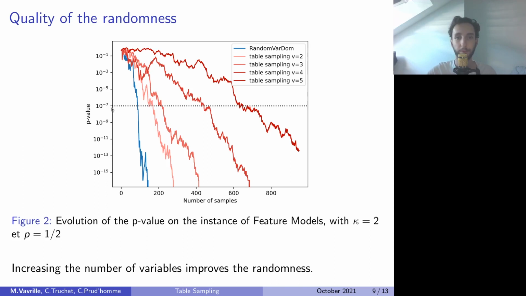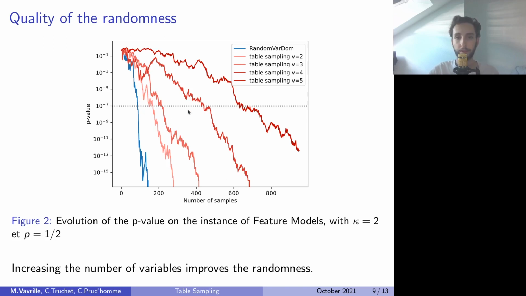So we see, for example, for a same distance to the uniform distribution, with random-random, so the random strategy, we can do 100 samples, but with my approach, for example, with my approach using 5 variables in the tables, we are able to do more than 600 samples.